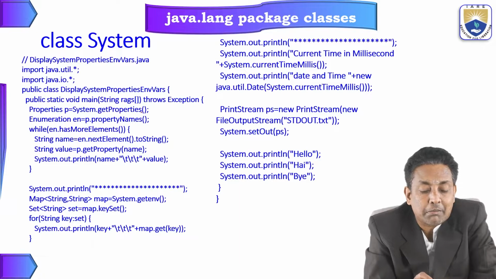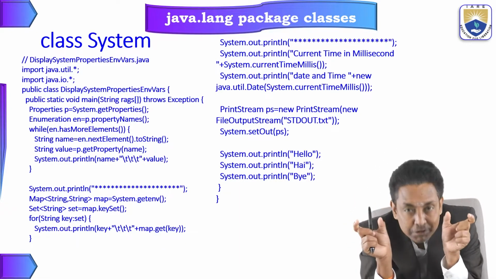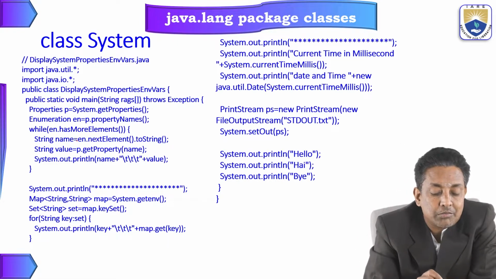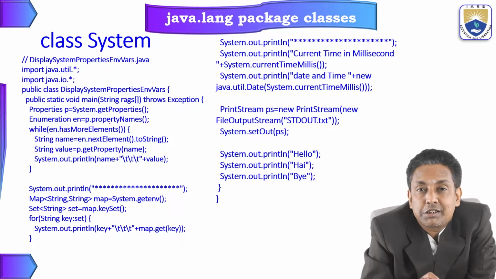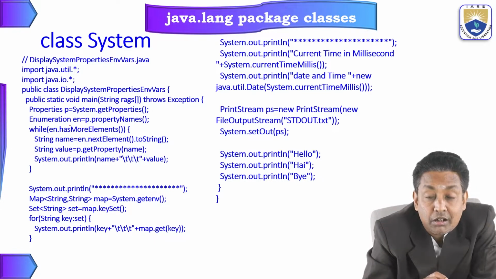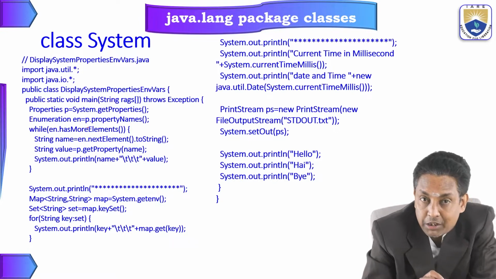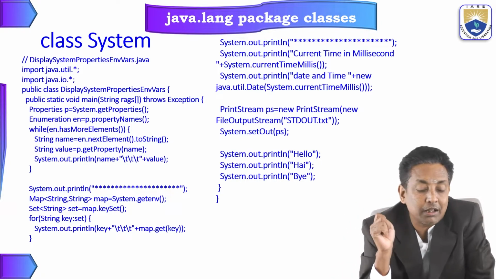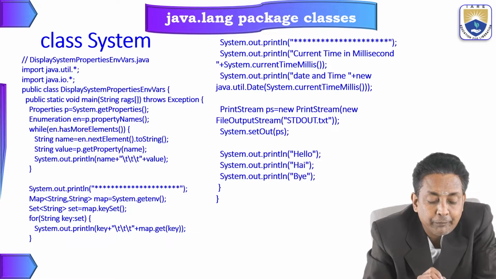So the System.getProperties method will return a Properties class object. The Properties class contains property names and values separated by the equal to symbol. Once you get the Properties class object, you call propertyNames on it. This function will return an enumeration of strings. That is why what we are doing here is while enumeration.hasMoreElements. The Enumeration interface has two methods, hasMoreElements and nextElement. We call hasMoreElements on the enumeration object in a while loop.